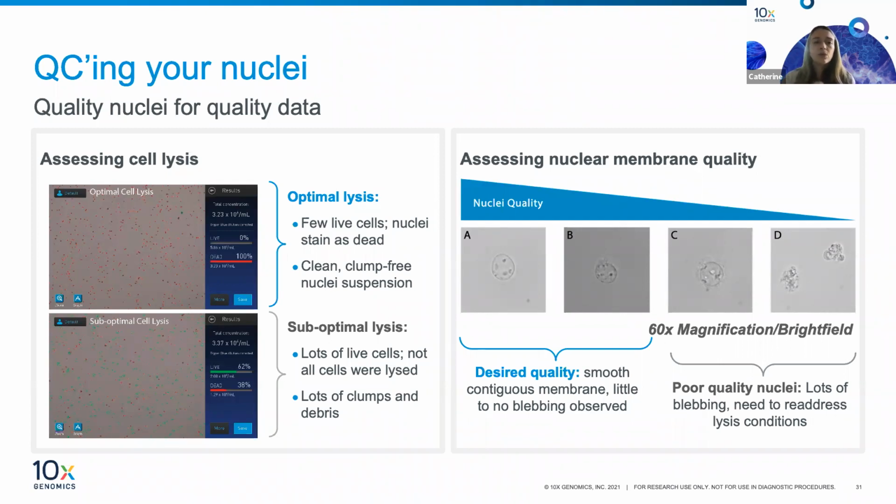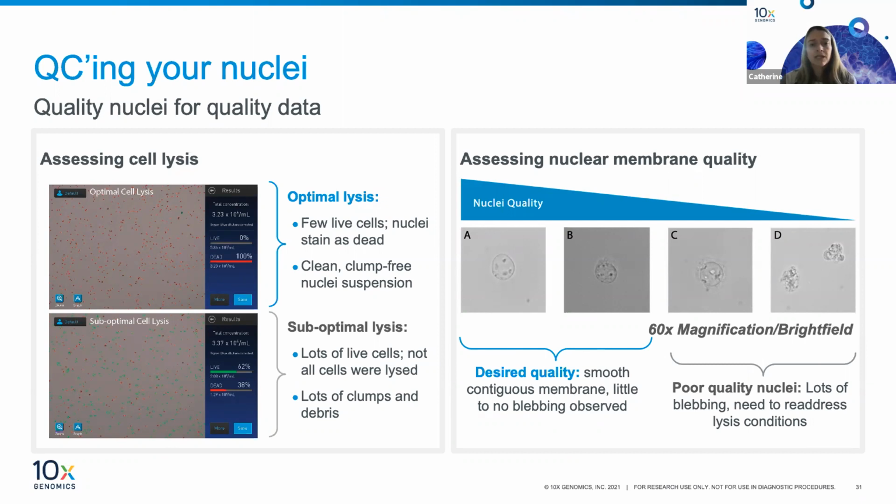So we also always recommend assessing the nuclear membrane quality under a higher magnification microscope. These images are available on our website as well. What we want is nuclei that look like those in A, ideally, or B, where we get a nice smooth nuclear membrane around the outside.